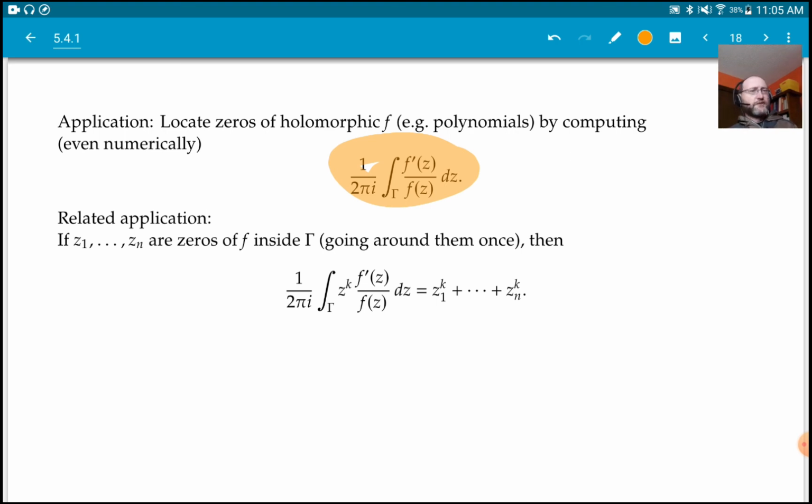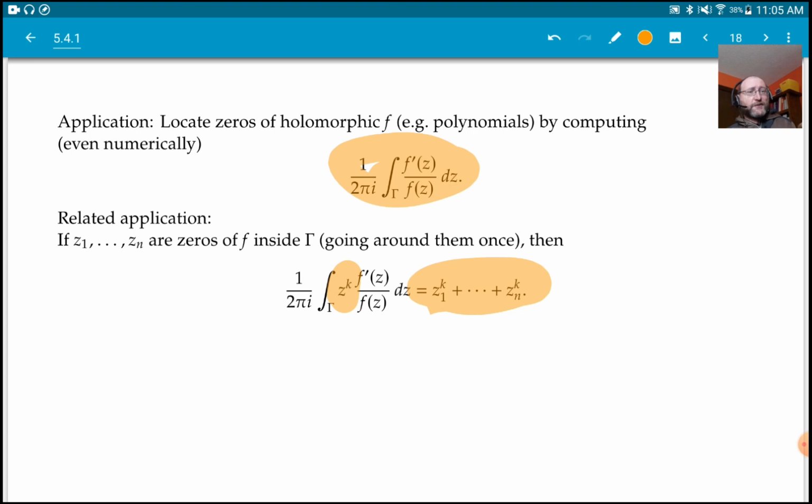In general, if I have these n zeros inside gamma, and let's suppose gamma goes around there once, and I plug in z to the k, for any k, I get these power sums of the zeros. From the power sums, I can actually compute the zeros. That's solving polynomials, and it might seem that's what we're trying to do. But you might have a polynomial of degree 500, and within this gamma I know that there are 2 zeros.